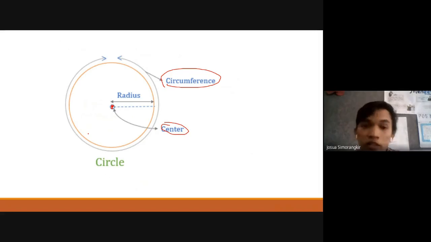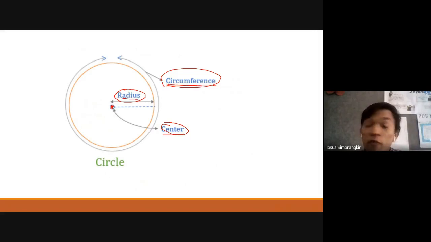If we have many points and connect them together, they all form like this, and we call it the circumference. The radius is the distance from the center of a circle to the circumference. So these are the three things we have known about a circle: the center, the radius, and the circumference.